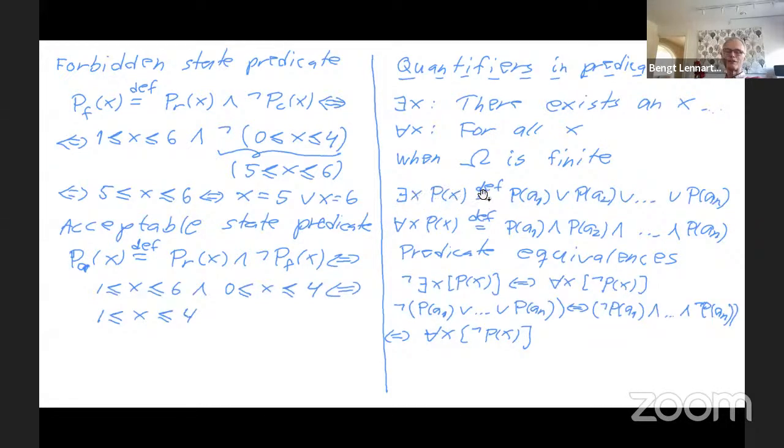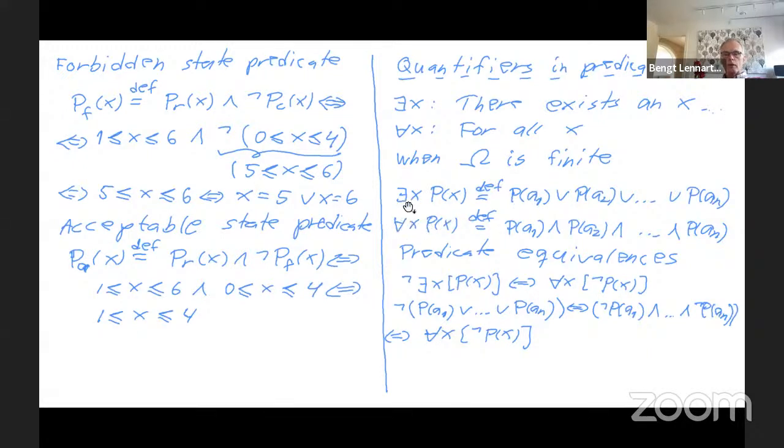So you could consider this as actually a definition of this statement. Now you can realize that this does not work so well when omega includes an infinite number of elements, but actually there are quite small changes in notation, meaning that it's still possible to work on that. But I consider that is not the focus of this course.